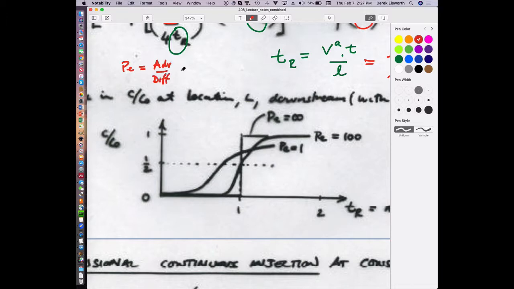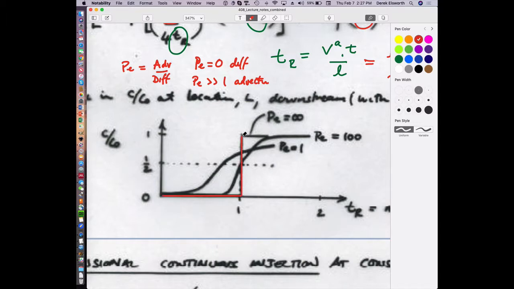When it's much less than 1, it's diffusion dominated. When it's much greater than 1, it's advection dominated. And so you'd think that when advection dominates, that's exactly when you have plug flow, that the arrival time you'd get would look exactly like this.